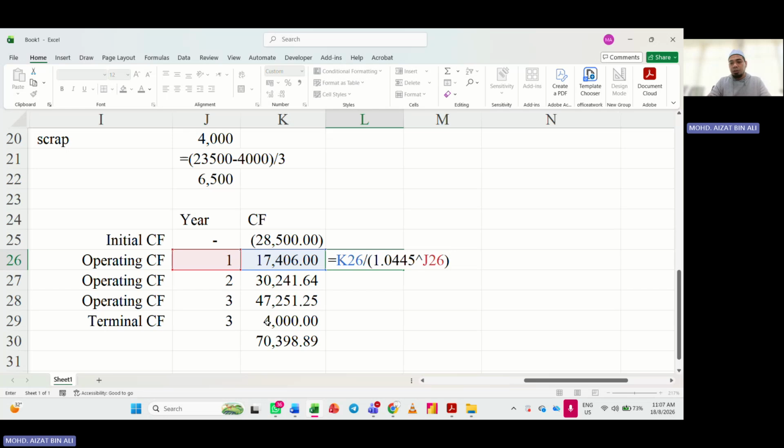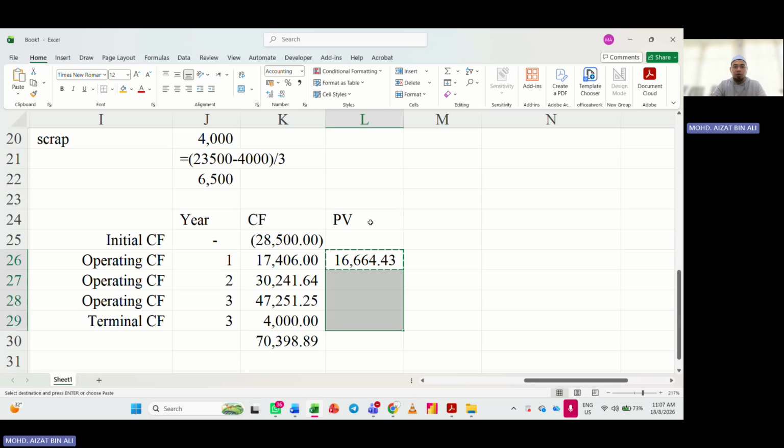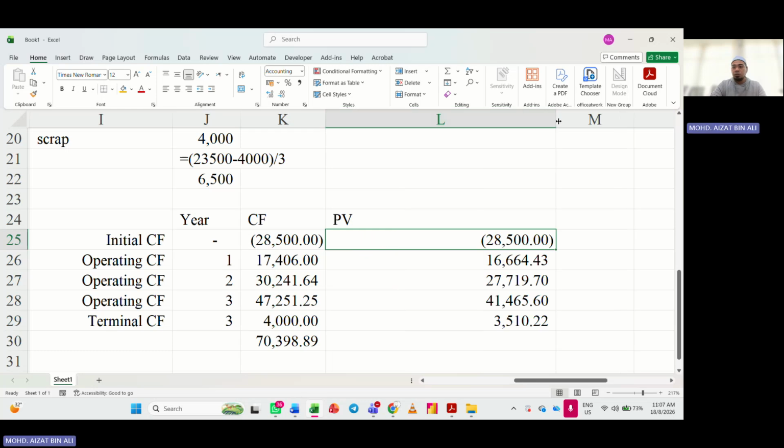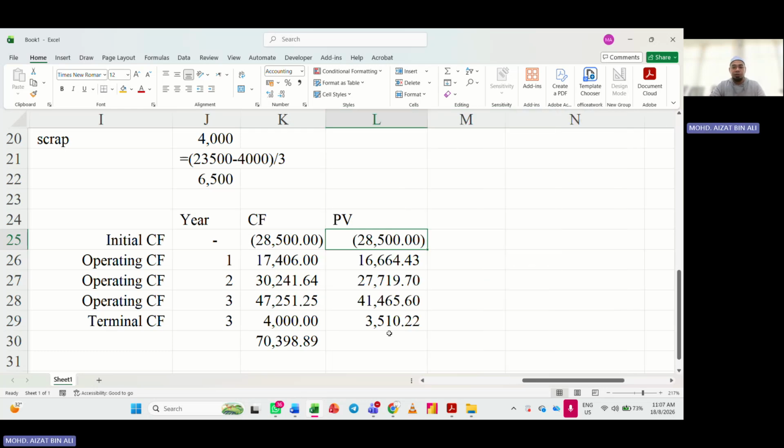So this is the PV, present value, and we apply it to all the calculations. This one as well.